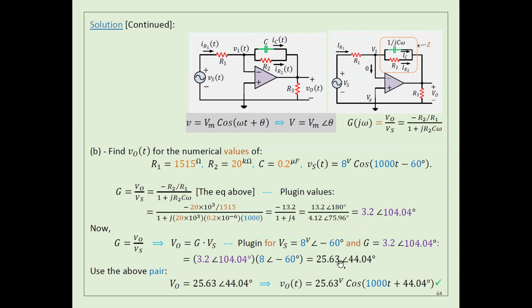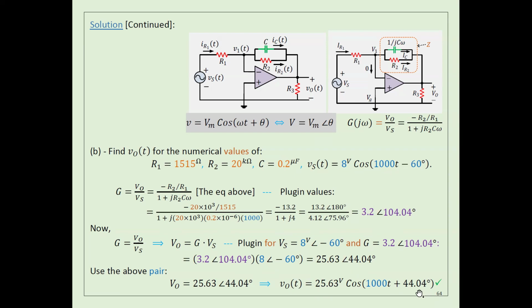Once you have V output in the complex domain, it's easy to convert it to the time domain. The same amplitude equals the maximum value, and don't forget to add omega t, and this is the angle. That's it. So for this circuit, if the input is 8 cosine omega t minus 60, the output is 25 cosine omega t plus 44.